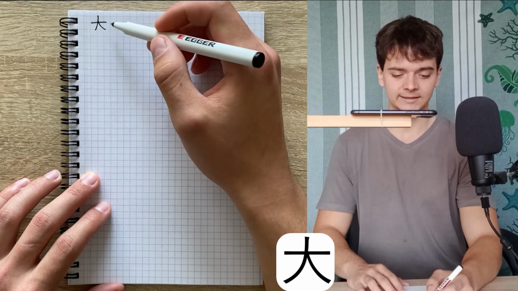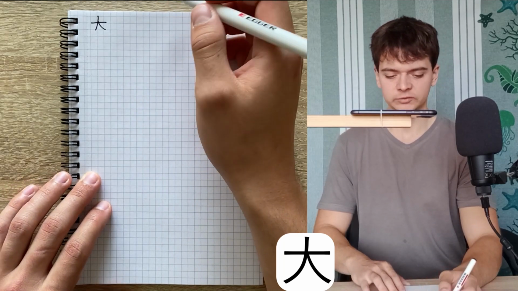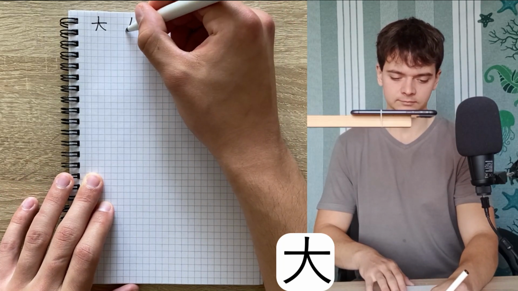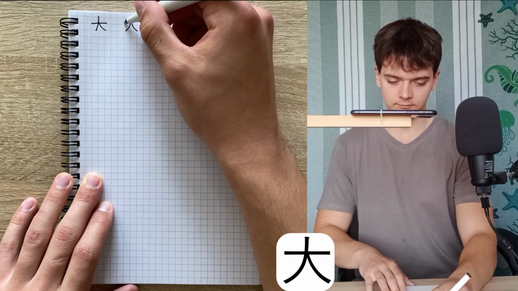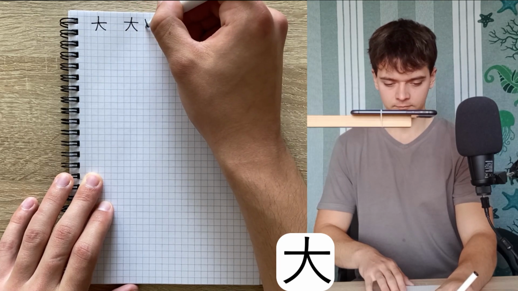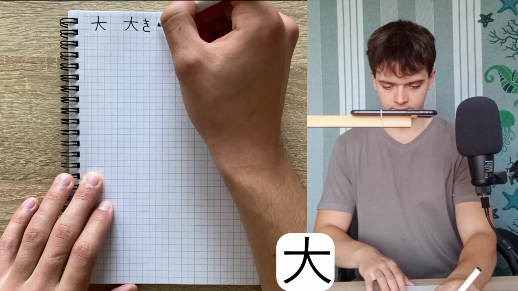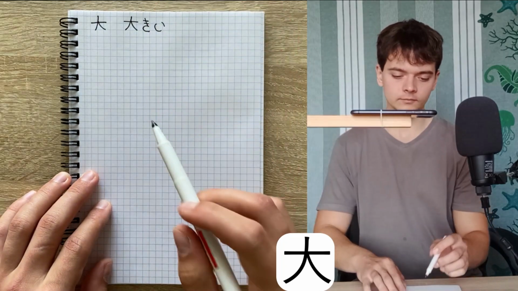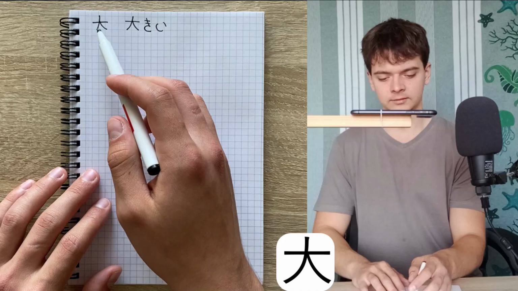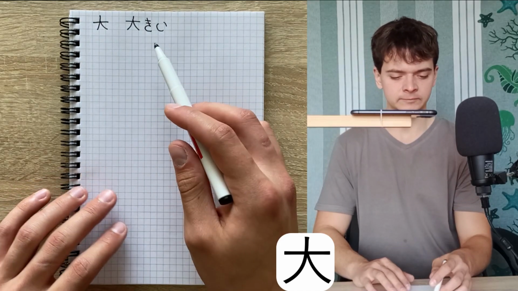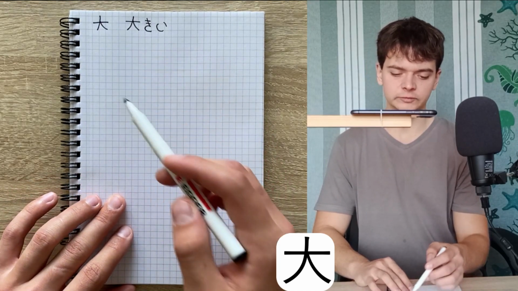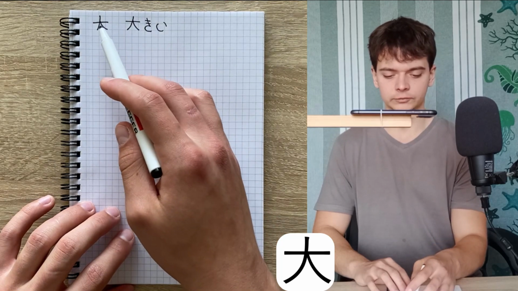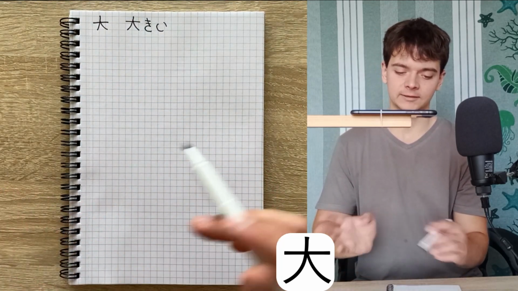This is dai. Dai can be used in the word oki. Both here and here it means big, but alone it's not really used. So you don't really say dai.